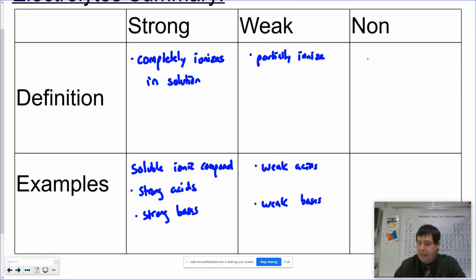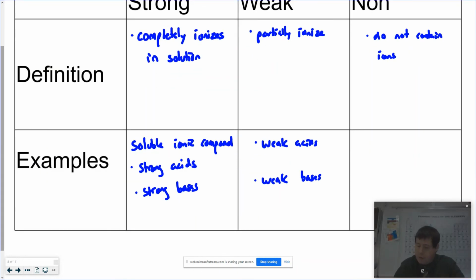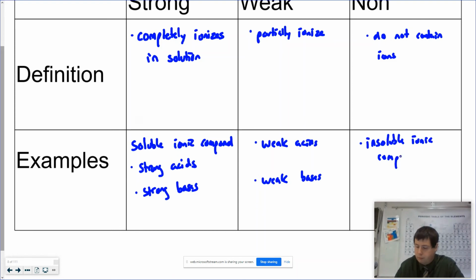And then finally, non-electrolytes do not contain ions. And so our non-electrolytes, those are things like insoluble ionic compounds, or molecular or covalent compounds, except, of course, for acids and bases.